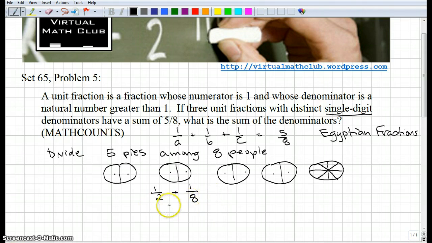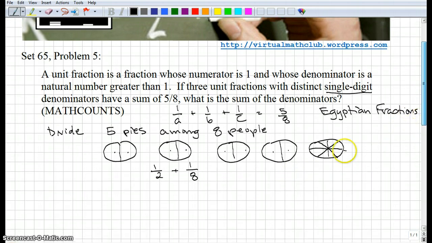So I'm going to try and divide the 1/2 down further into unit fractions, using the same idea. So I'm going to think about dividing 1 pie among 2 people.